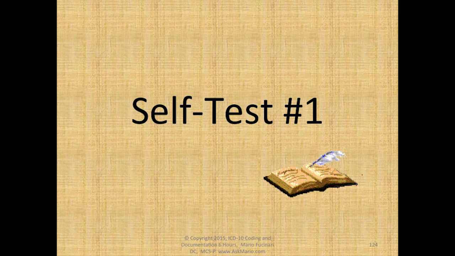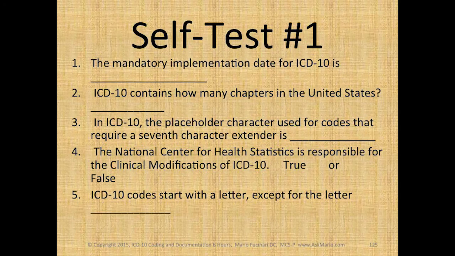Okay, let's take a little test. You don't have to write it down. Hopefully these questions are the same as what you have. They might be a little different. The mandatory implementation date for ICD-10 is October 1, 2015, we think. ICD-10 contains how many chapters in the United States? 21. Very good.